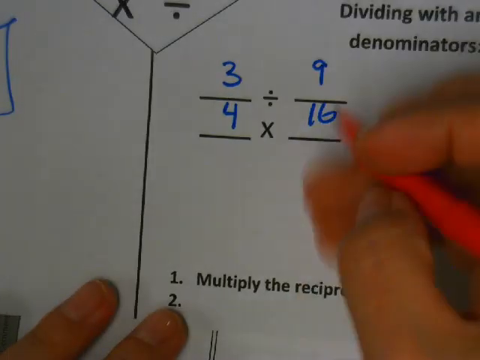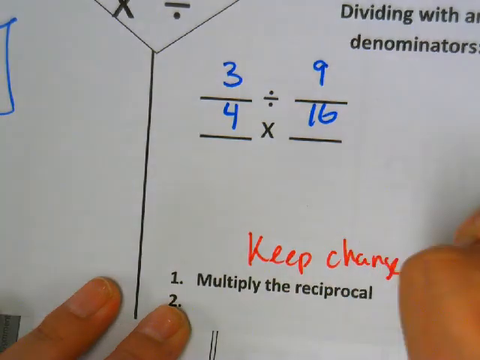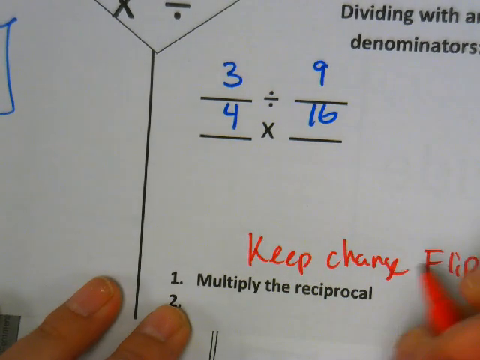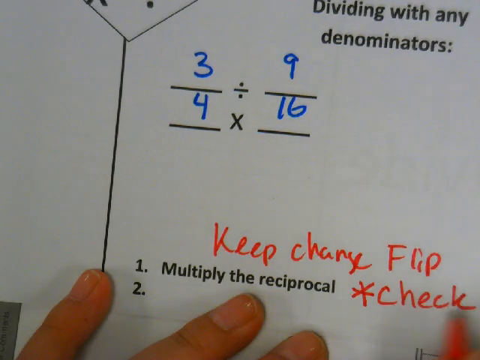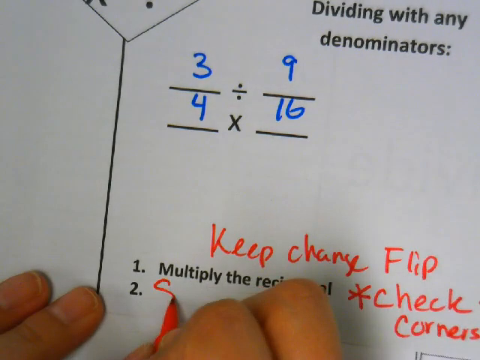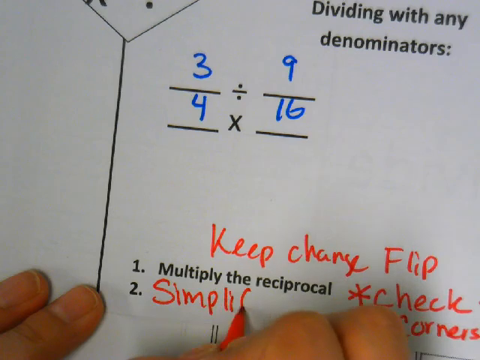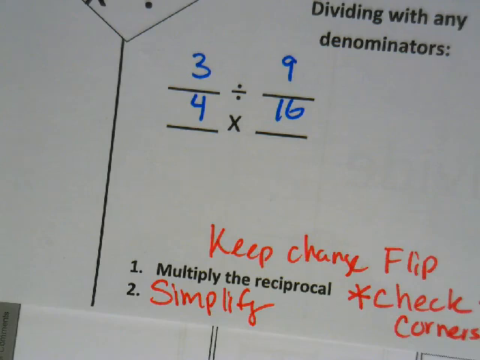We have to keep, change, flip, then check corners. Check the corners. And then what's the last thing? To simplify. So we're going to keep, change, flip. We're going to simplify the corners.